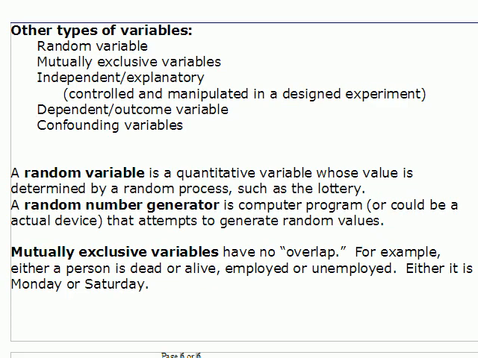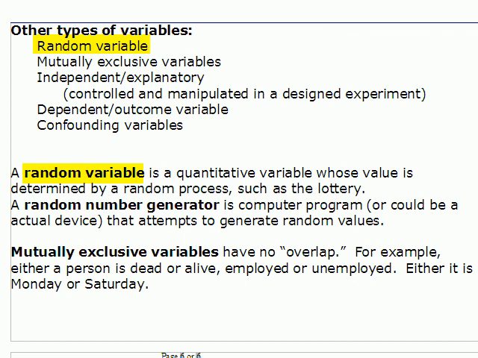There are other attributes or types of variables that show up in statistics. Something you hear is a random variable. What's a random variable? That's a quantitative variable that's determined by chance, like by a game of cards or the lottery.